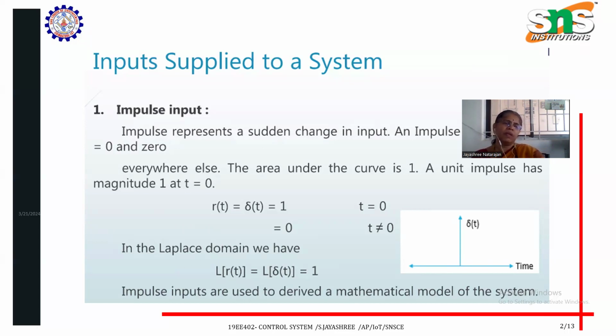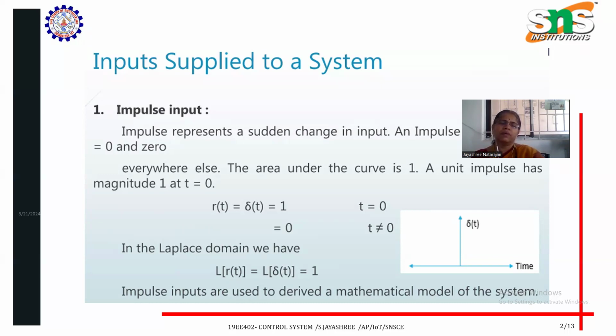Impulse represents a sudden change in input. The area under the curve is 1. A unit impulse has magnitude 1 at t equals 0. R of t is the input signal, and the impulse signal is represented by del of t.